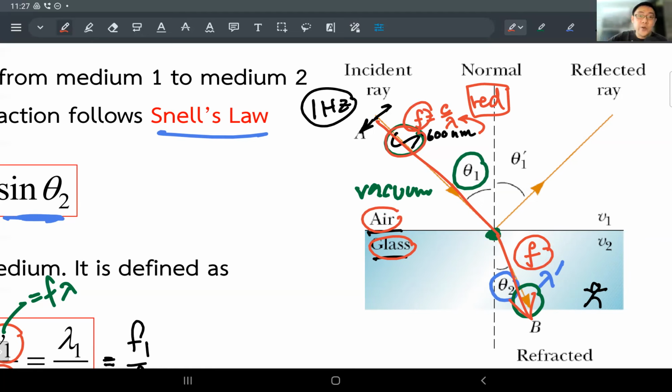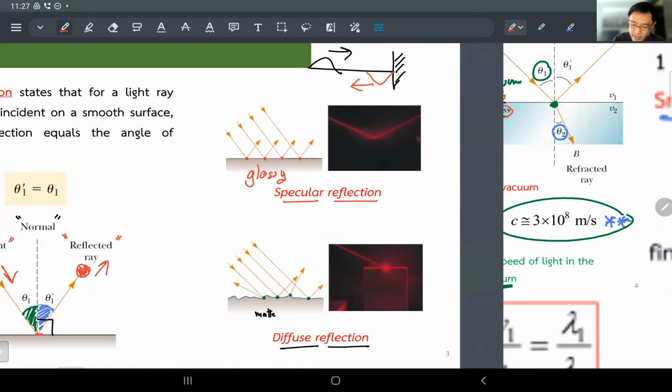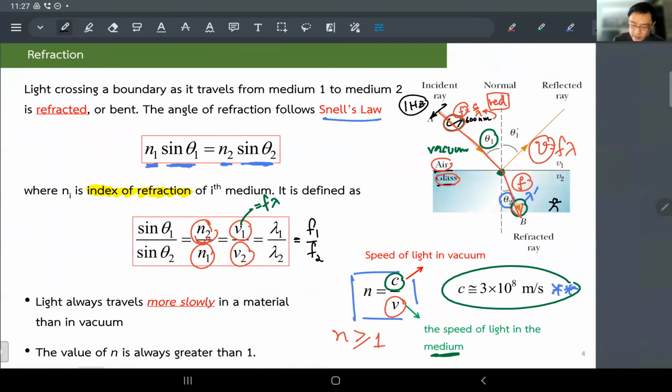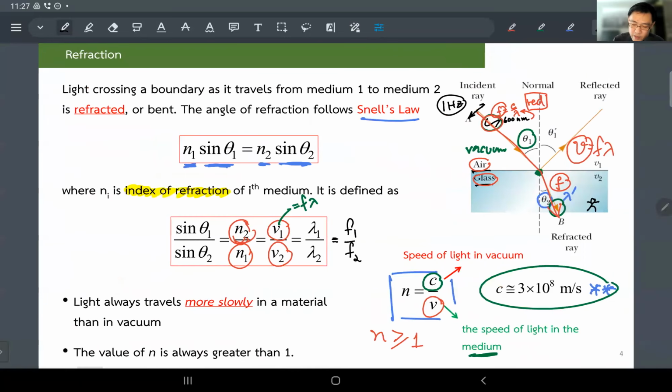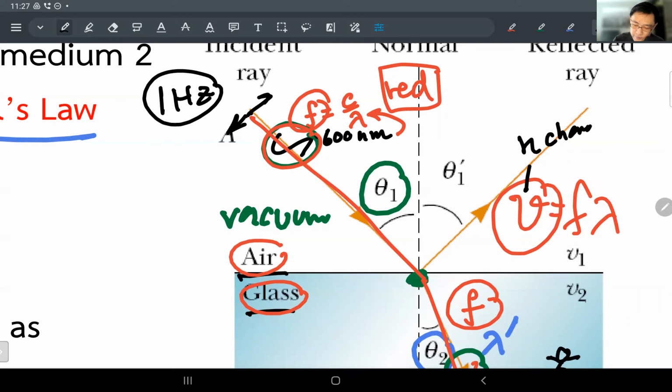So the only thing that you can adjust is the rest of this. Because now we have v equal to f lambda, when v is changed due to n, v changes because n changes. The only thing that can change is just this.